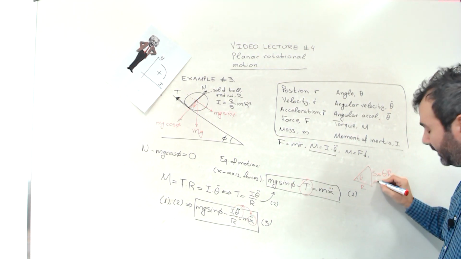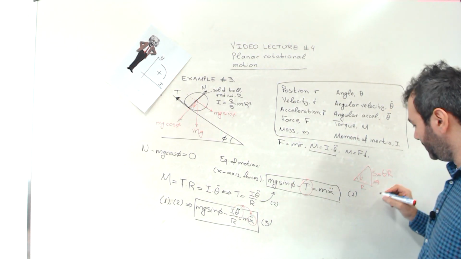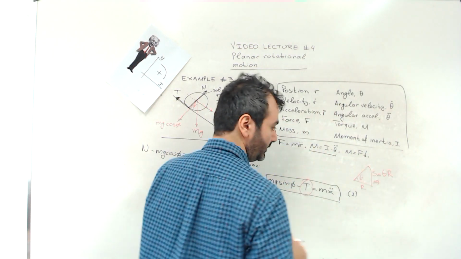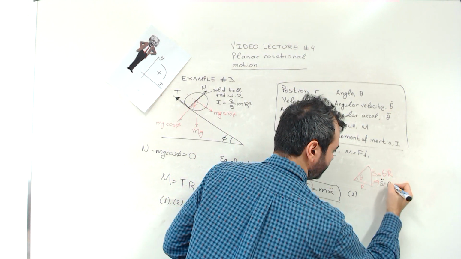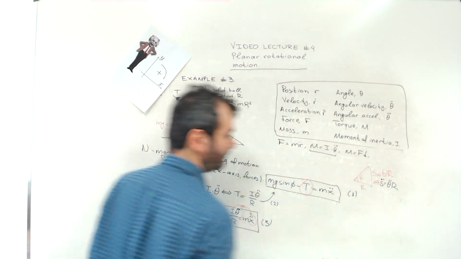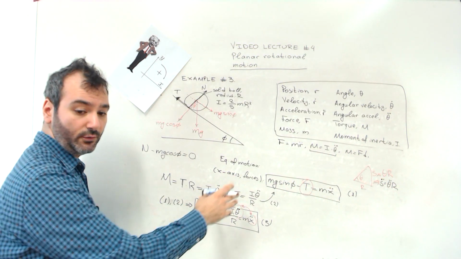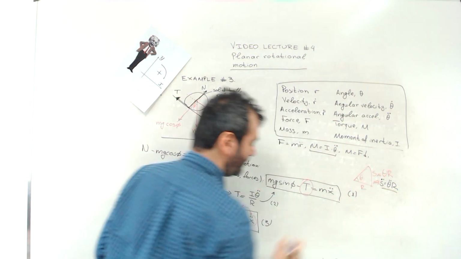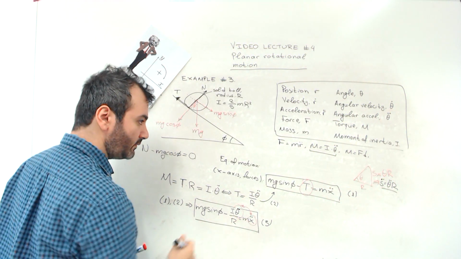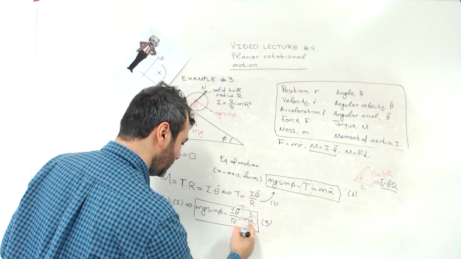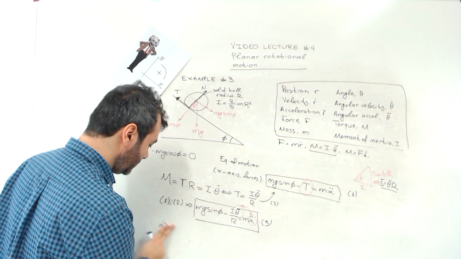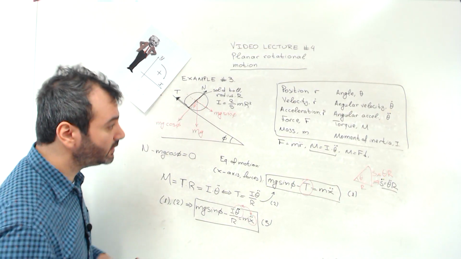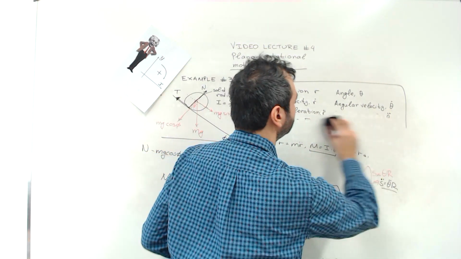From here, we can figure out that the acceleration is equal to the angular acceleration times the radius. There's not much space on the whiteboard. I will erase this part.